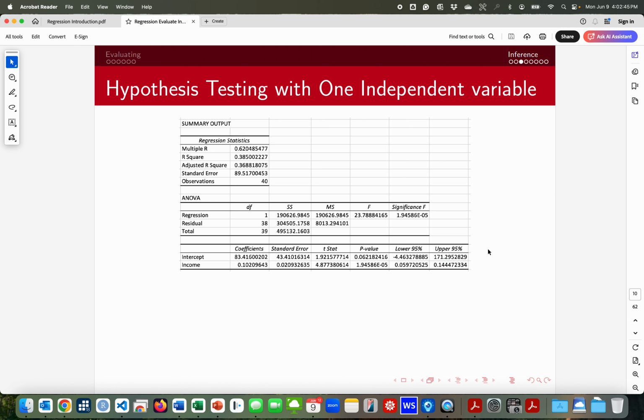Our 95% confidence interval for the true slope coefficient for income is somewhere between about 6 cents and 14 cents, and 0 does not fall in the interval. So all of these things are consistent with our previous hypothesis test, where p less than alpha, reject the null hypothesis. The null is equal to 0, so we reject equal to 0 in favor of the alternative.